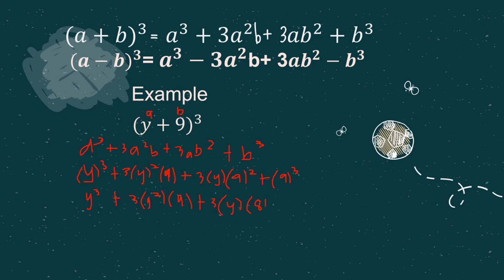Do the exponents first so you don't get confused. Plus 9 cubed is 729, because 9 times 9 is 81, times 9 is 729. Ay, sorry. 729.